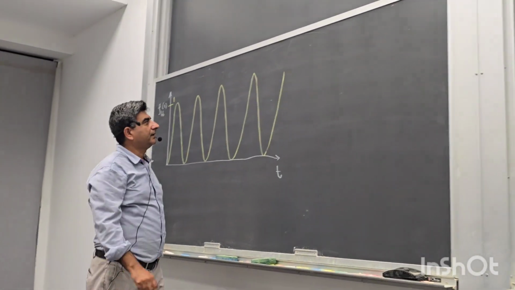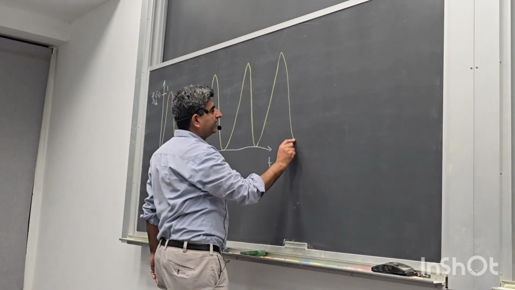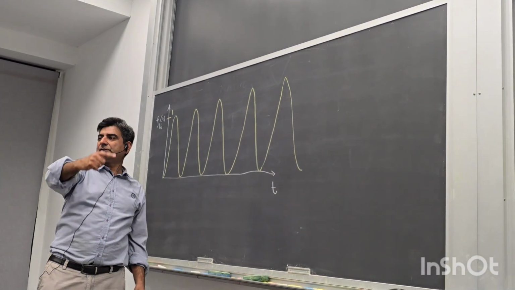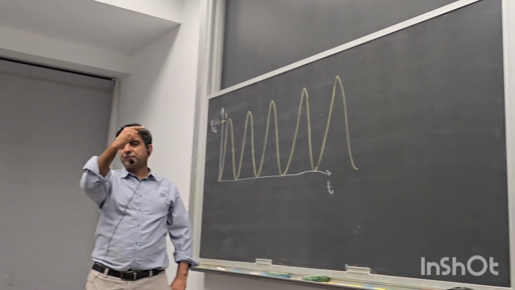Okay? And it kept on oscillating between 0 and 1. So this is continuous oscillation between the ground state and the excited state.